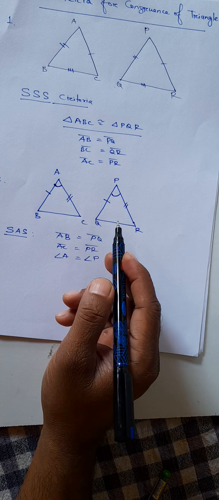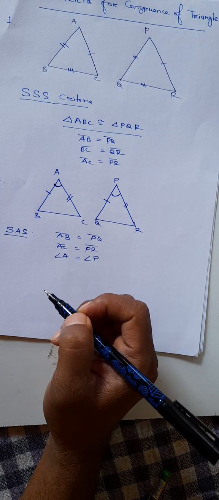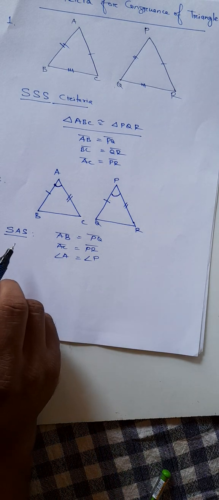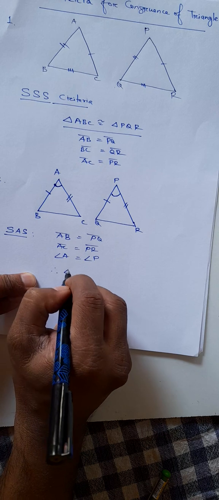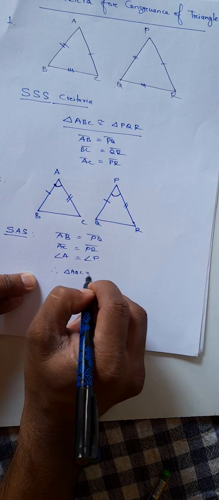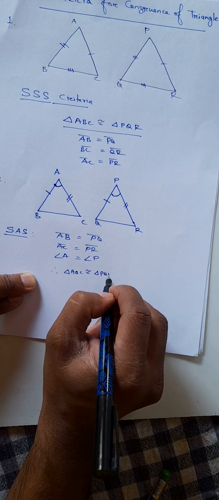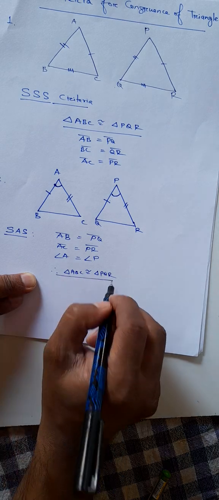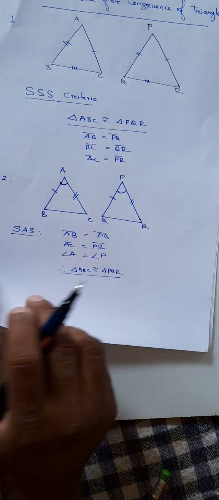So this is the second criteria. This criteria is called SAS criteria. Therefore triangle ABC is congruent to triangle PQR. Right? So this is the second criteria.